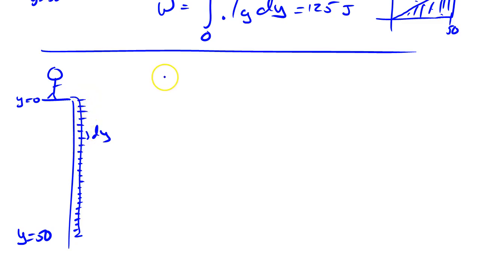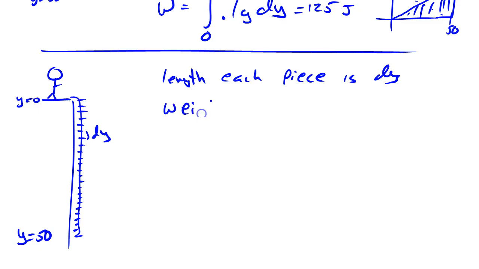Okay, so the length of each piece, let me write it that way, length of each piece is dy. So the weight of each piece is 0.1 times dy.